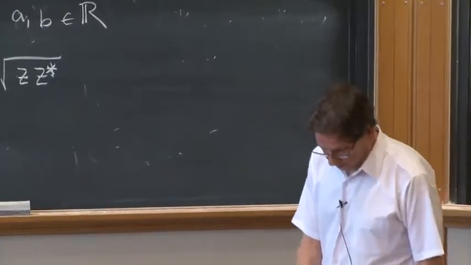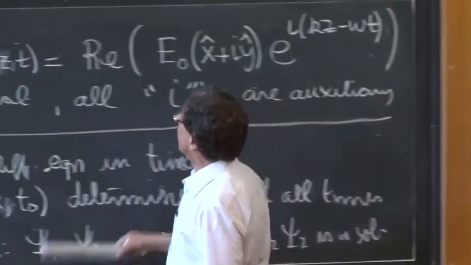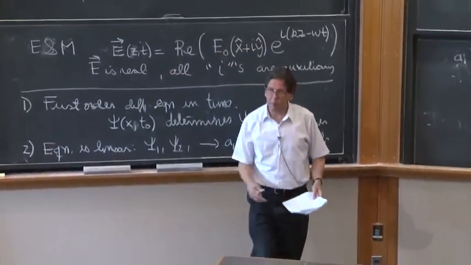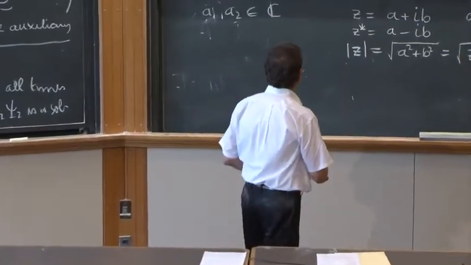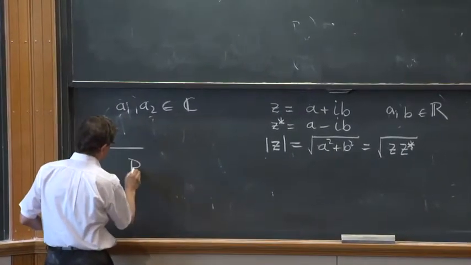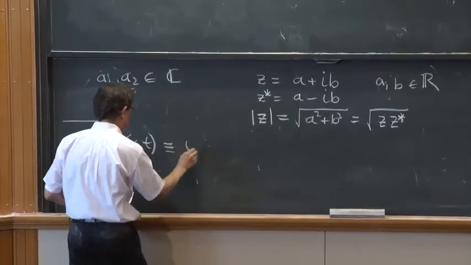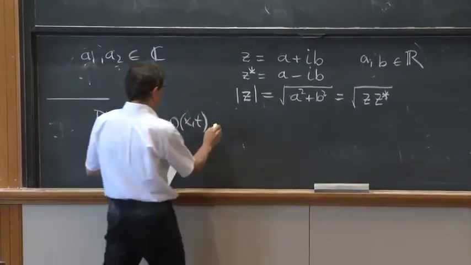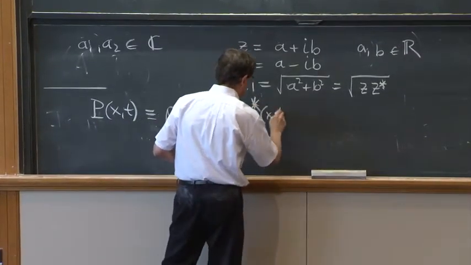So the property that makes this into a physical theory and goes beyond math is what you know as the interpretation of the wave function as a probability. So what do we construct? We construct a P of x and t, or sometimes called rho of x and t, as a density, and it's defined as psi star of x and t.